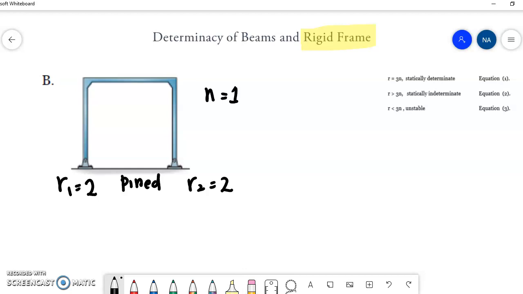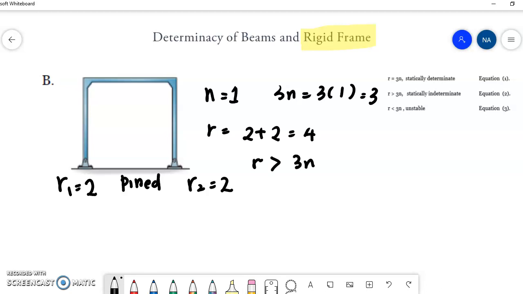Okay, so 3N is equal to 3 times 1, equal to 3. So R here is 2 plus 2, equal to 4. So R is greater than 3N, which is 3. Okay, so this becomes statically indeterminate to how many degrees?